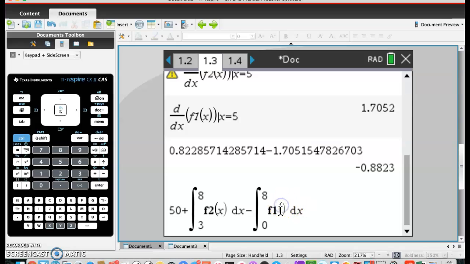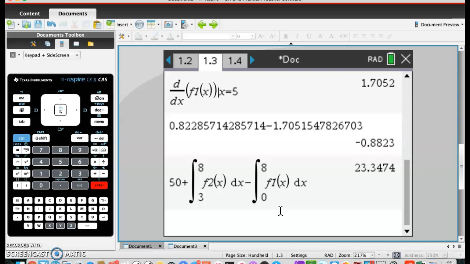I forgot the x. I'm going to hit enter. And I got an answer of 23.3474. That's how many pounds of bananas are there after 8 hours.